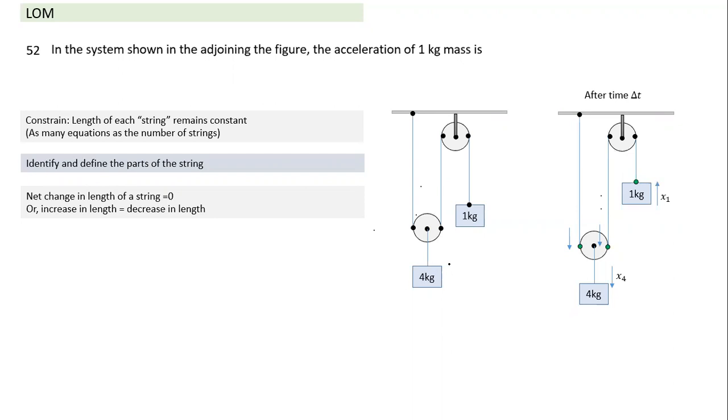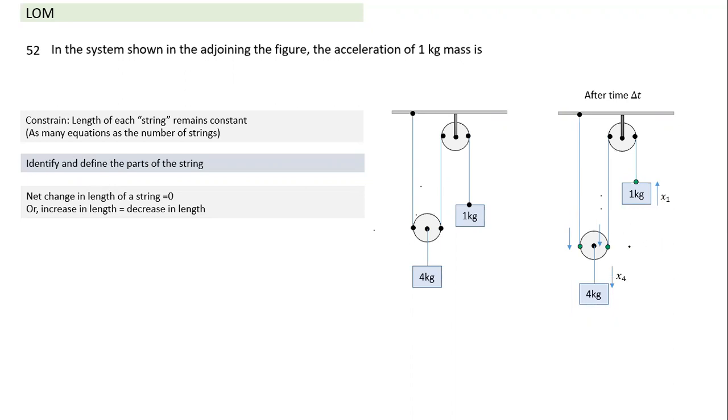We need not necessarily know the direction here; in this case, we know that if this moves up, this has to move down. So we have marked the assumed directions. Our relationship is based on these, x1 and x4, where the suffix indicates the mass in kg. So these two quantities are related.